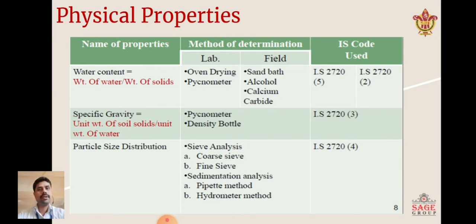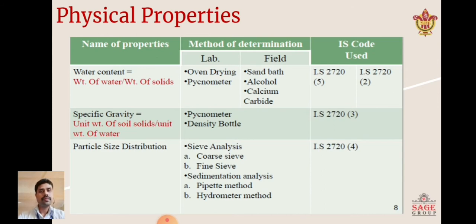So here we have made a tabulation of physical properties, in which we will discuss the name of property, method of determination, which we have categorized according to their experiments, that is laboratory experiment and field experiment, and the code used for determining that experiment.